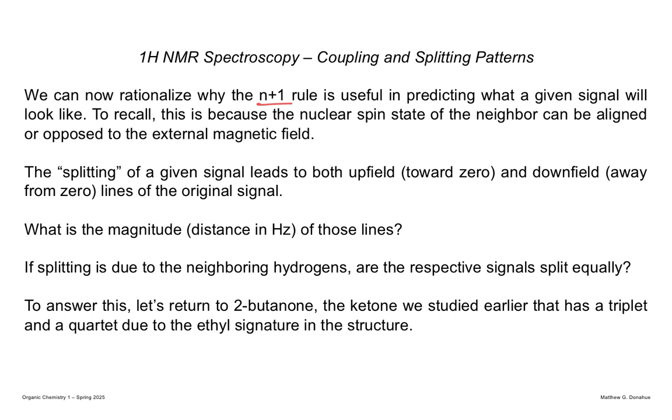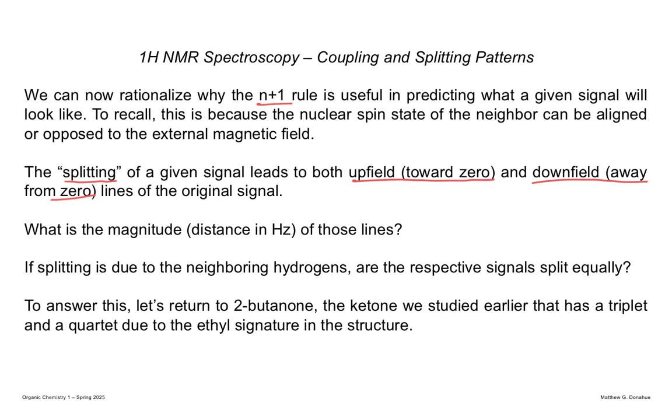The 1 comes from the spin states for a proton, which can be +1/2 or -1/2. So when signals split, we go through those approximations. You have a little bit that moves upfield, that's towards 0, and a little bit that moves downfield, that's away from 0.